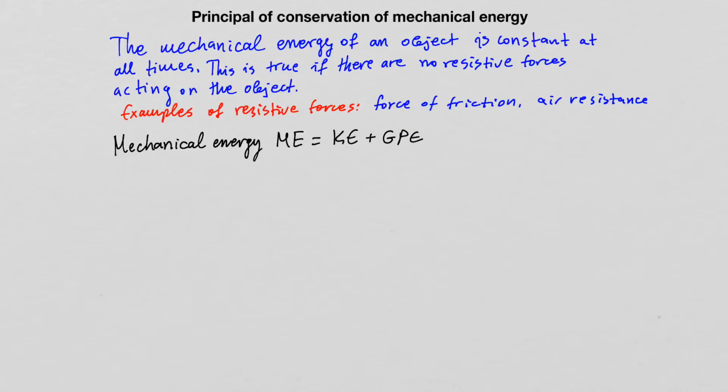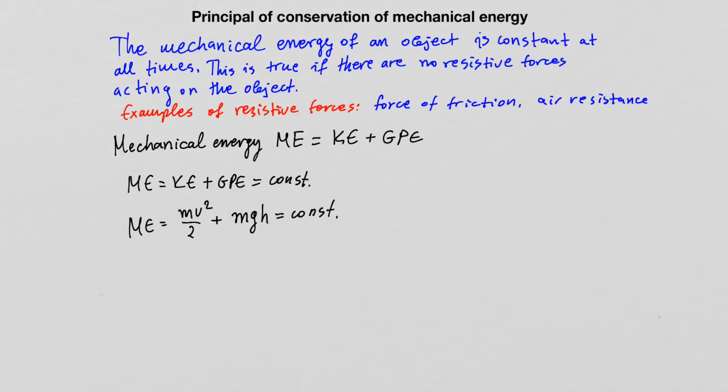And so the principle of conservation of mechanical energy simply says that the mechanical energy, which is the sum of those two energies, is equal to a constant. Presented explicitly as a formula, the mechanical energy is equal to the kinetic energy mv squared over 2 plus the gravitational potential energy mgh, and this is equal to a constant.